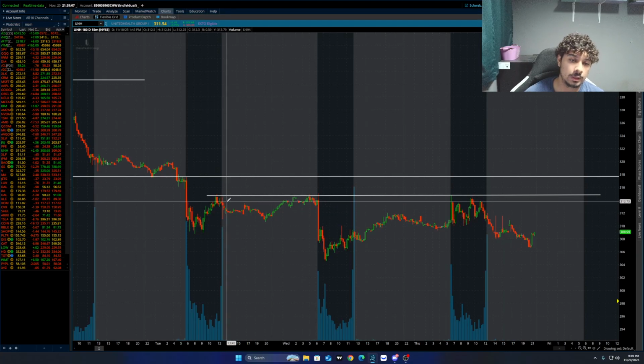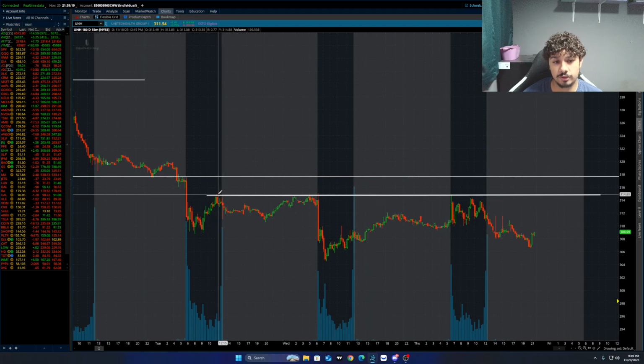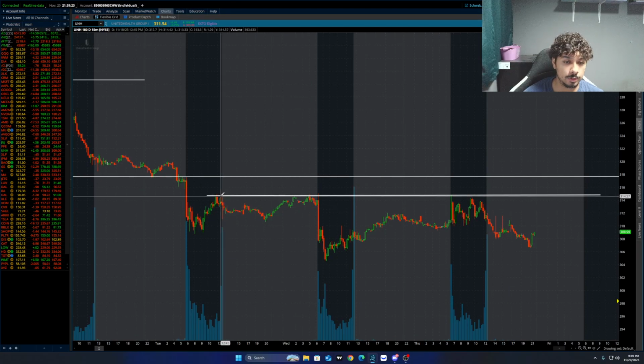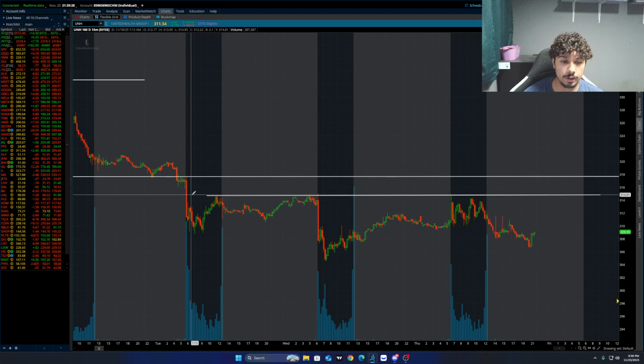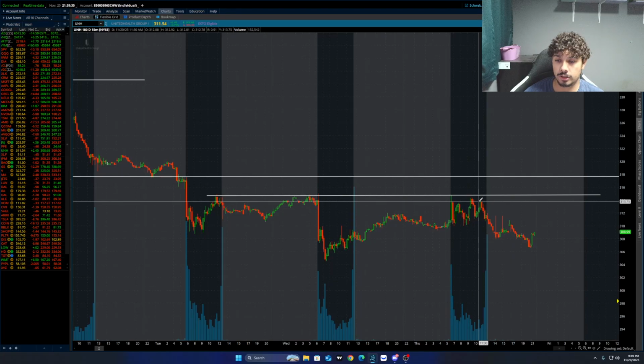We see right here, during pre-market, it couldn't hold above, couldn't break above, rejected off of the previous day's close, or not really close, but on this level right here. And then pre-market couldn't break above that, then instantly rejected. Tried climbing back up, rejected again, again, again. So yeah, this is a nice level to play to the downside.